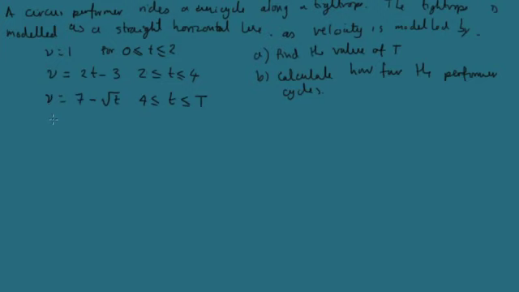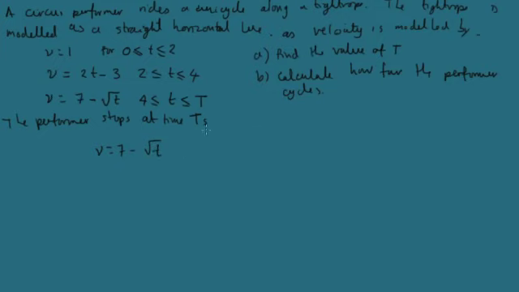Let me put a bit of information. The performer stops at time T seconds, having come to the end of the tightrope. So let's look at this. v equals 7 minus root t.